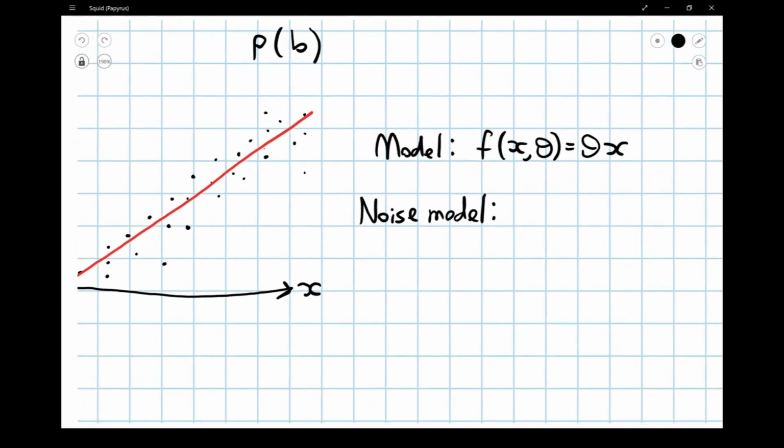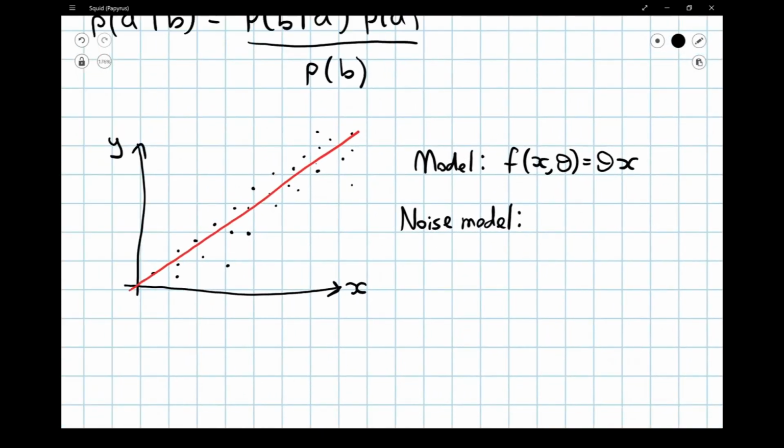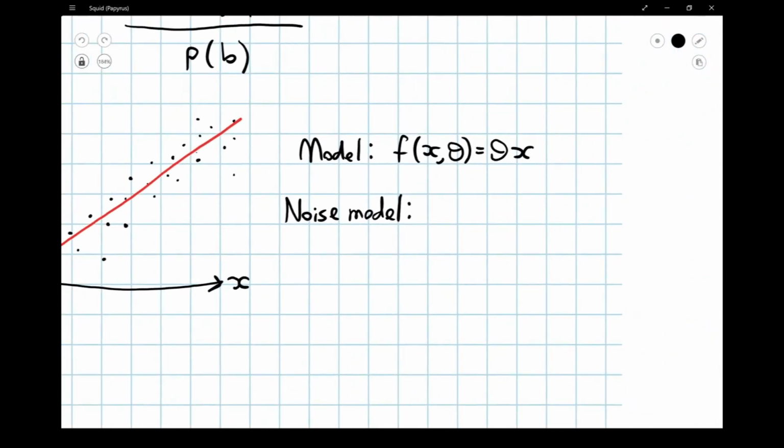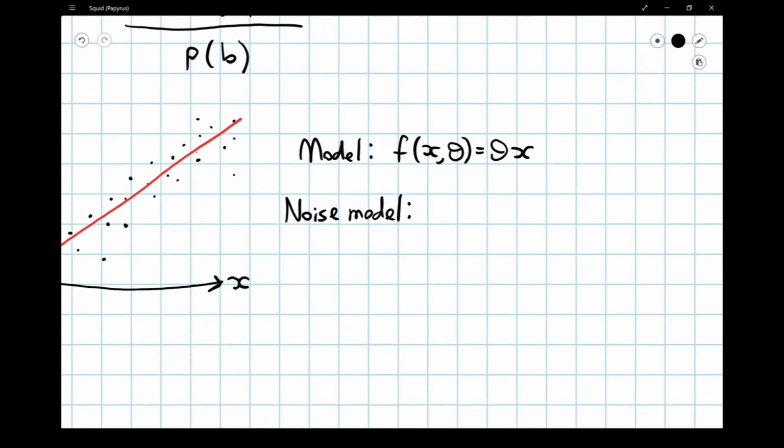So what I'm going to say is that Y, remember, that's one of our measurements, what we've observed through our sensor, the ith measurement of Y is equal to, we believe there's this linear relationship, so f applied at input xi with gradient theta.